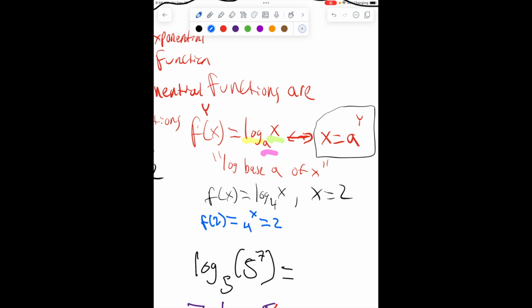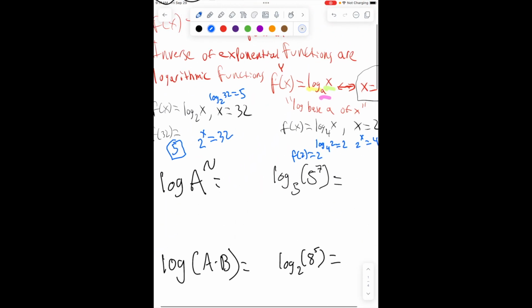And that would be, again, kind of like taking the square root of 4, which is 2. That's like saying 4 to the 1/2 power equals 2. So in this case, what does f of 2 equal? Log base 4 of 2 equals 1/2. 4 to the 1/2 power equals 2.